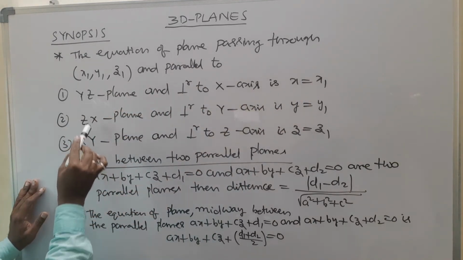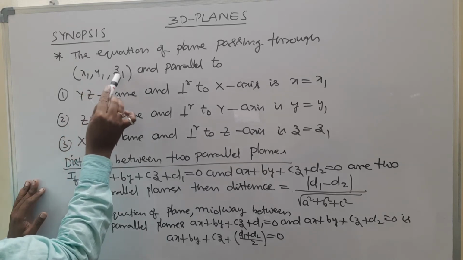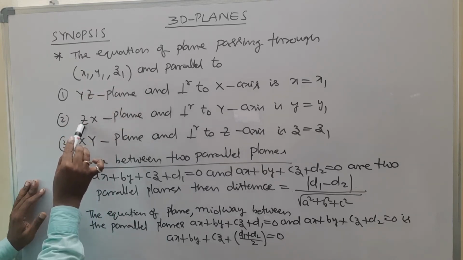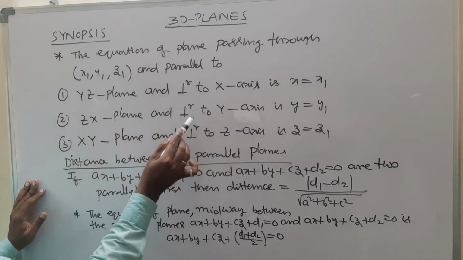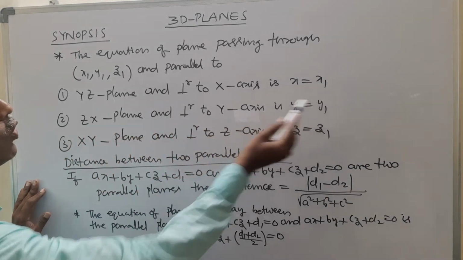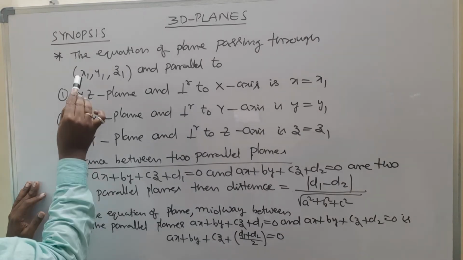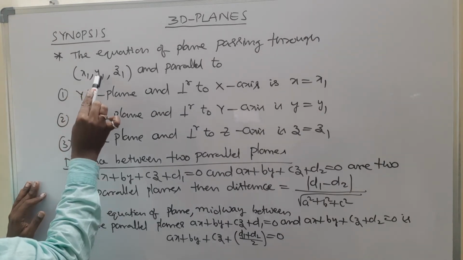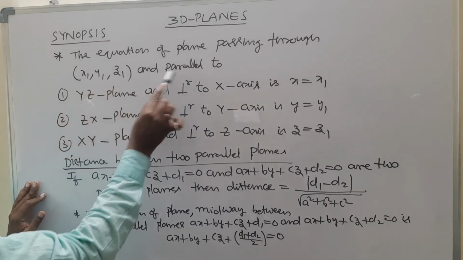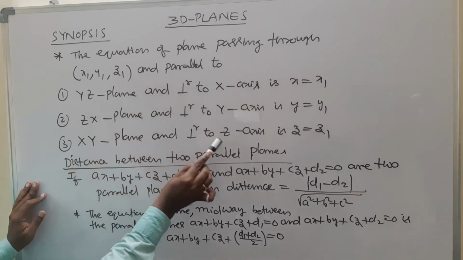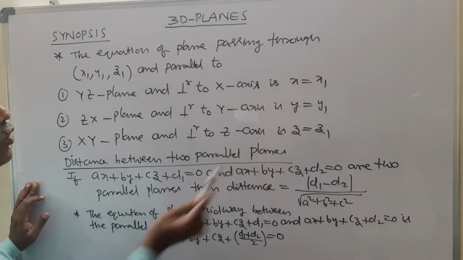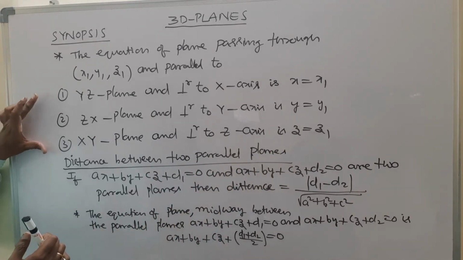The plane equation passing through x1, y1, z1 parallel to zx plane and perpendicular to y-axis is y equal to y1. The plane equation passing through x1, y1, z1 and parallel to xy plane and perpendicular to z-axis is z equal to z1. These three are very important for solving the problems.